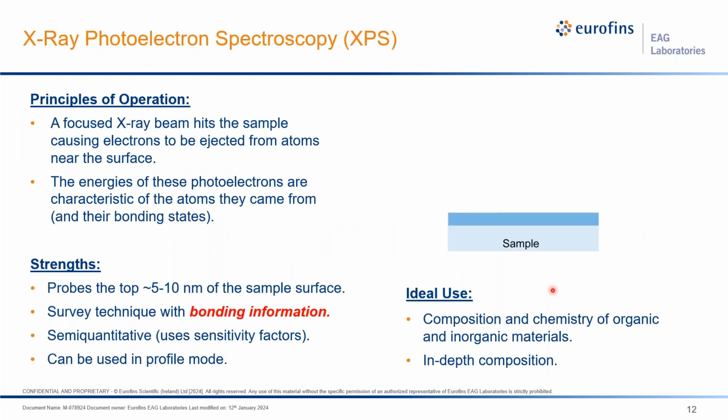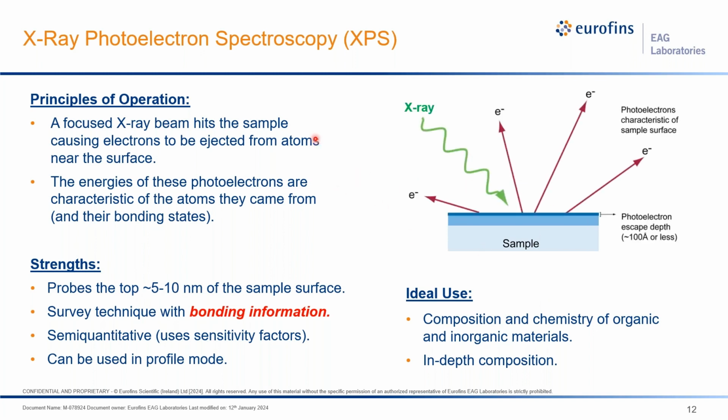In this case, working ever more surface sensitive within the techniques I'm discussing, we have X-ray photoelectron spectroscopy. This will probe the top 5 to 10 nanometers of a sample surface. Within XPS, we hit a sample with an X-ray beam, and this causes electrons to be ejected.